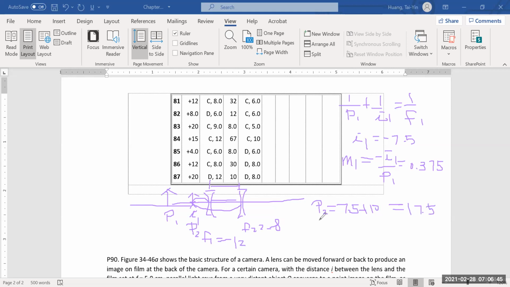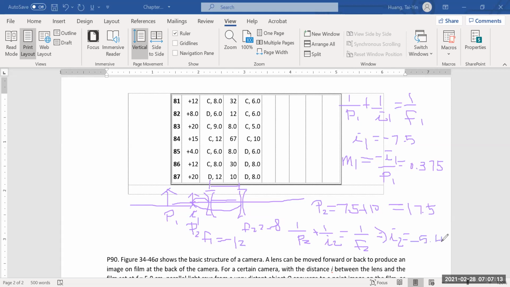Okay. So once you have that, apply the lens equation again. You have 1 over P2 plus 1 over I2 equal to 1 over F2. When you do that, you should get your I2 value, which is negative 5.4.